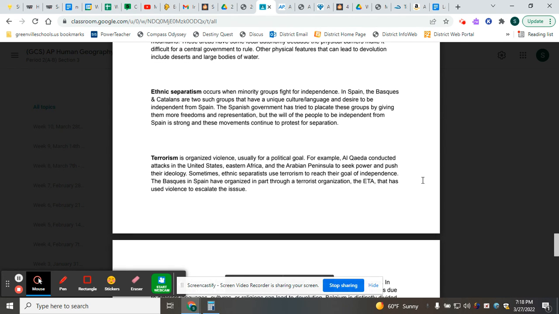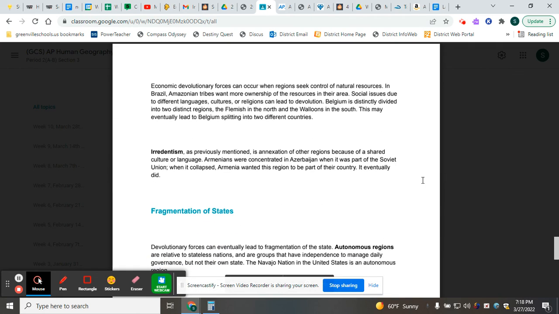Terrorism could create tension inside the country, which could lead to a breakup of that country or a transfer of power from the central government to that region or local government, as it were.